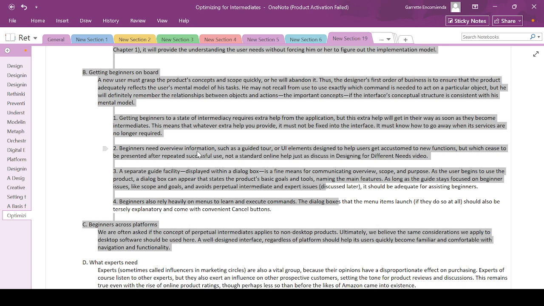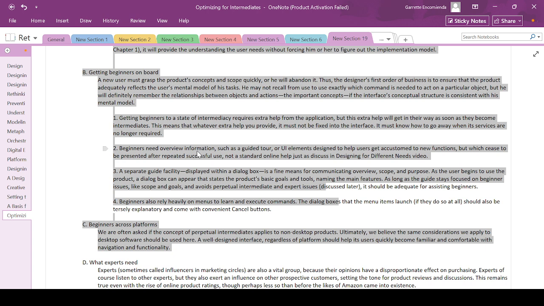So the designer's goal is to reflect the user's mental model of his task using the context scenario. This is where the judgment of the designer about what is actually important to the user comes in, based on that research of behavior patterns, that context scenario and its iteration, and the balancing of business and user goals. He may not recall from use to use exactly which command is needed to act on a particular object, but he will definitely remember the relationship between objects and actions, the important concepts, based on how you prioritize.